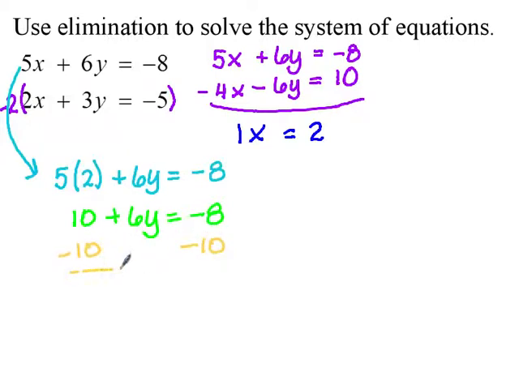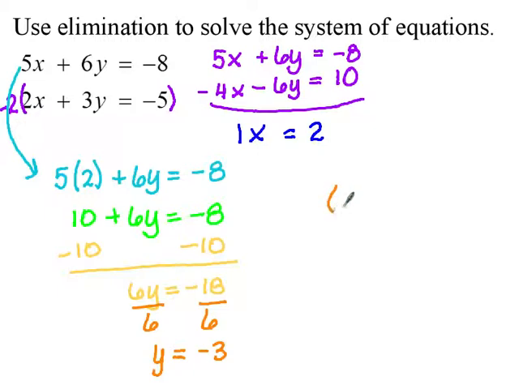And so I get 6y to equal negative 18. Okay, so now to solve this, what do we do? Divide by 6. And so what does y equal? Negative 3. So our ordered pair would be 2, negative 3.